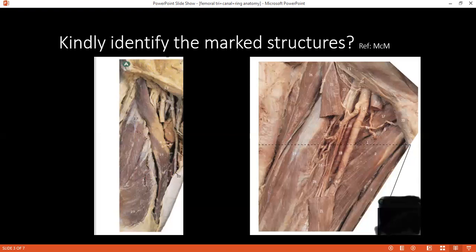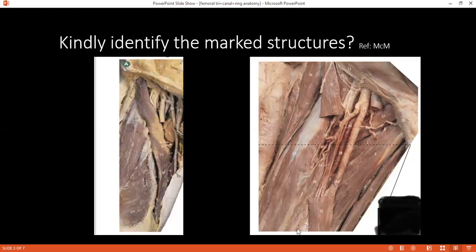Then what would 7 be? 7 is the femoral nerve. Very good. And over here, if you can focus closely, what is 5? This is the profunda femoris, a branch of the femoral artery.